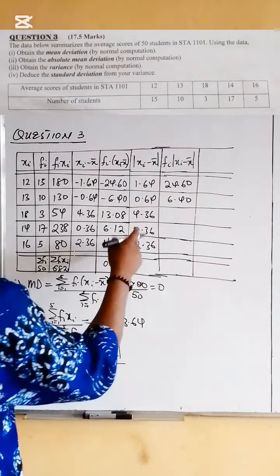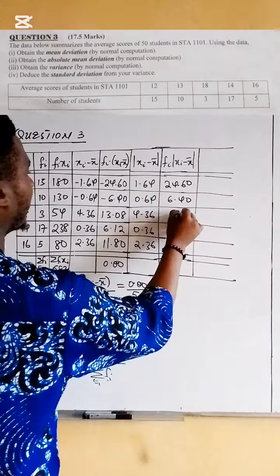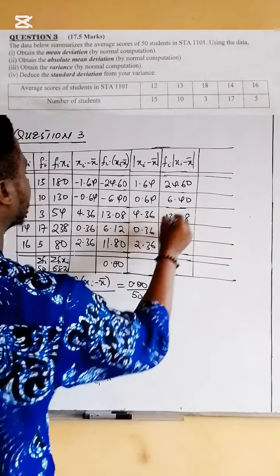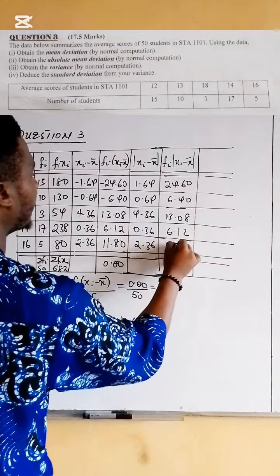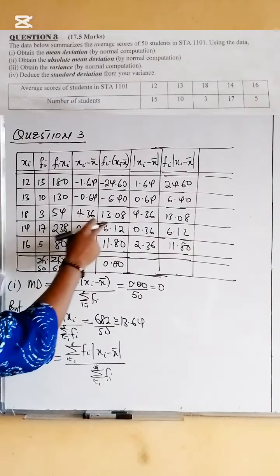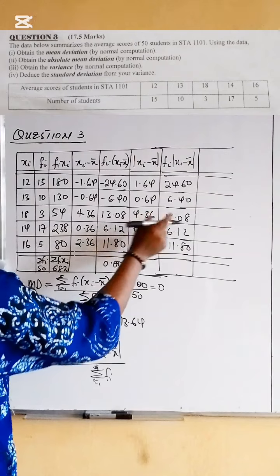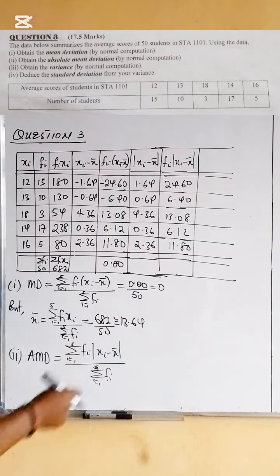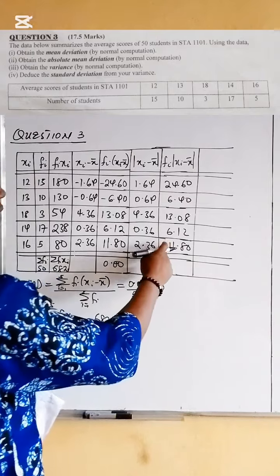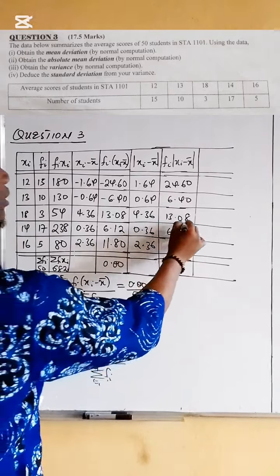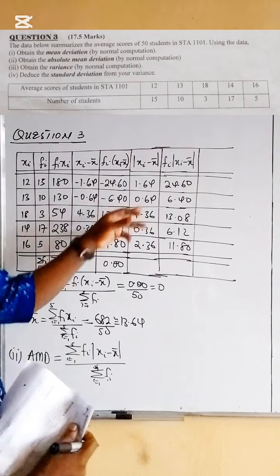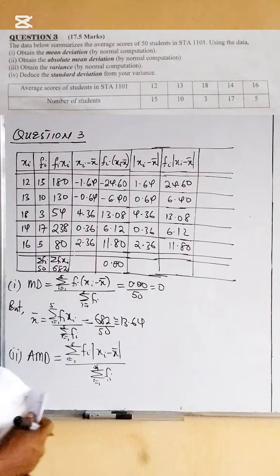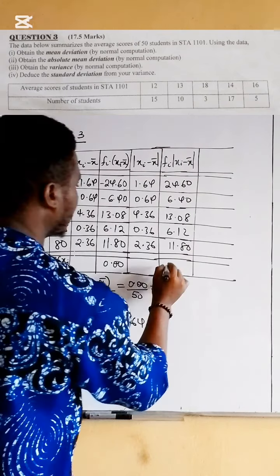And the rest will give us the same result, right? 13.08, 6.12, and 11.80, when you use the frequencies to multiply your absolute values this time around. Okay? Now let's sum everything. 11.80 plus 6.12 plus 13.08 plus 6.40 plus 24.60. It gives you what?